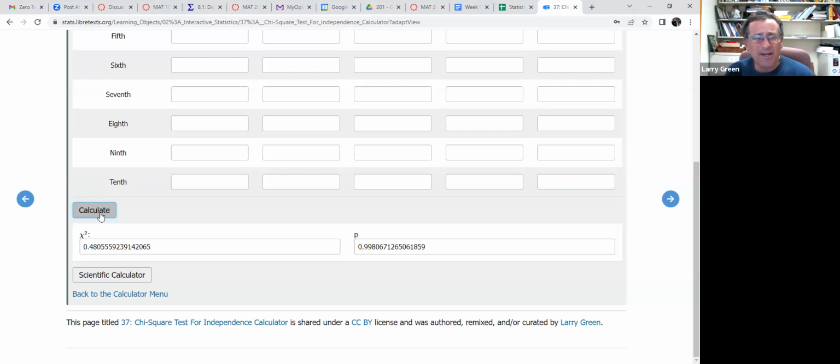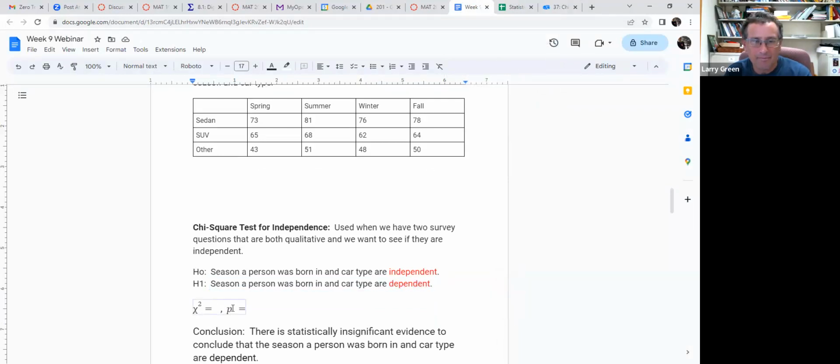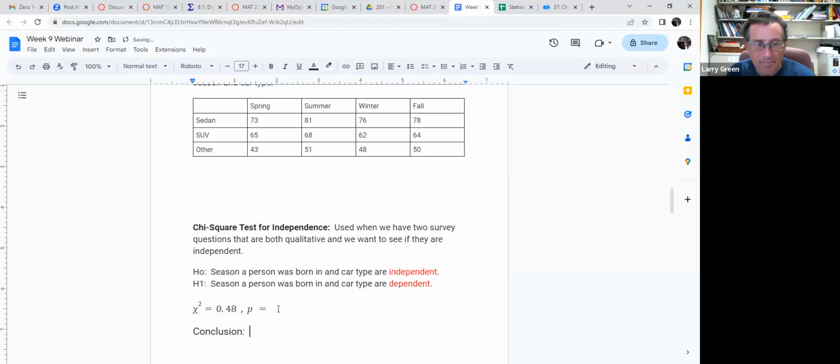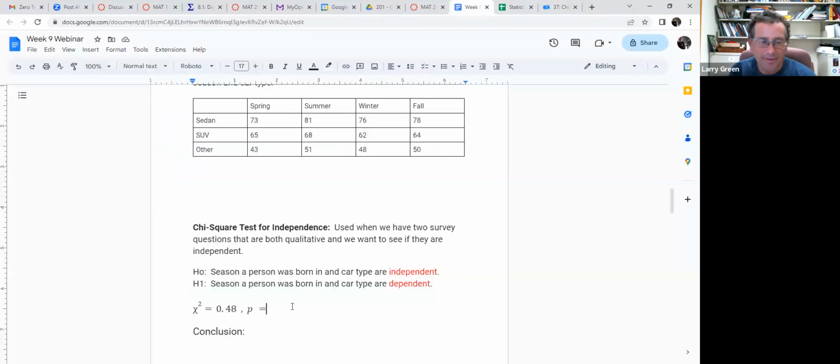What do you notice about chi-squared and p? Chi-squared, that's our test statistic, about 0.48. And the p-value, 0.998. What do you think we say?